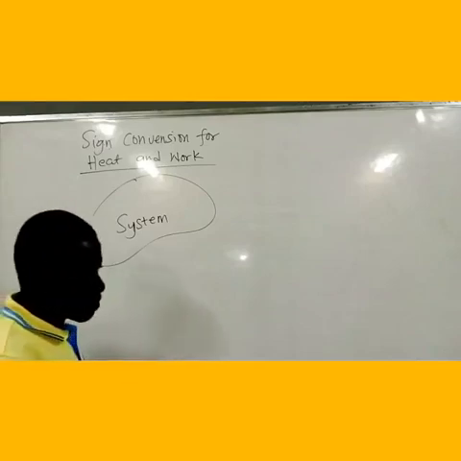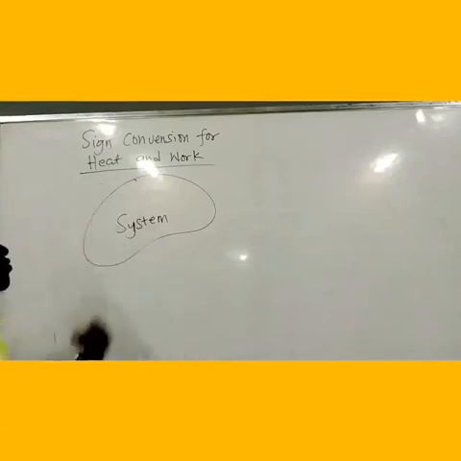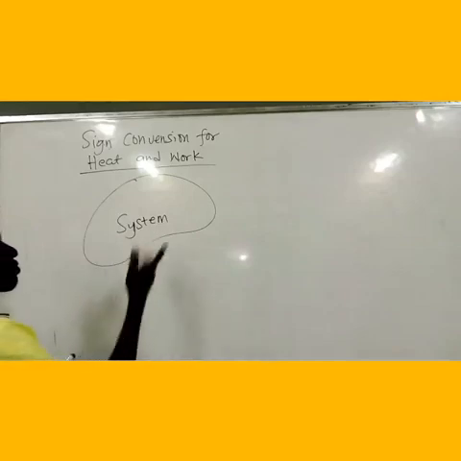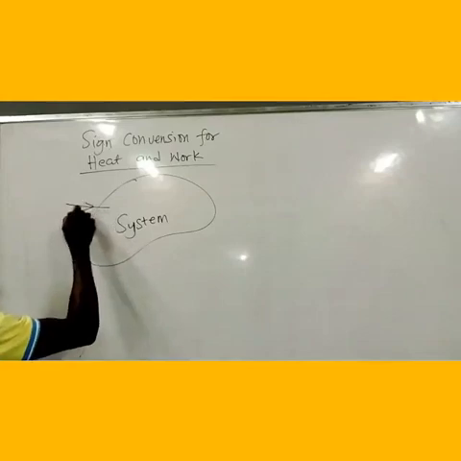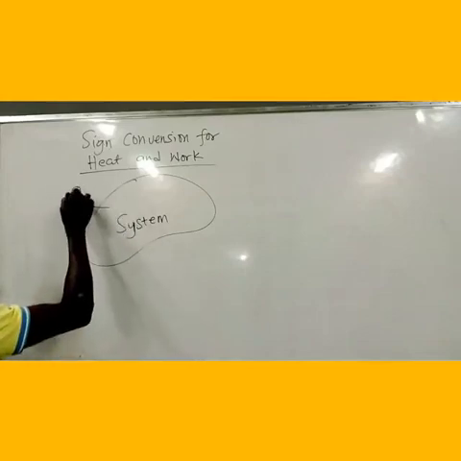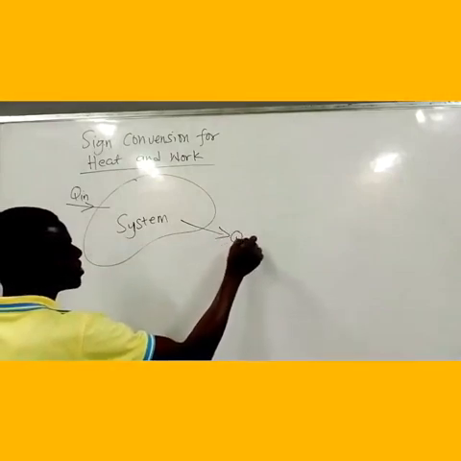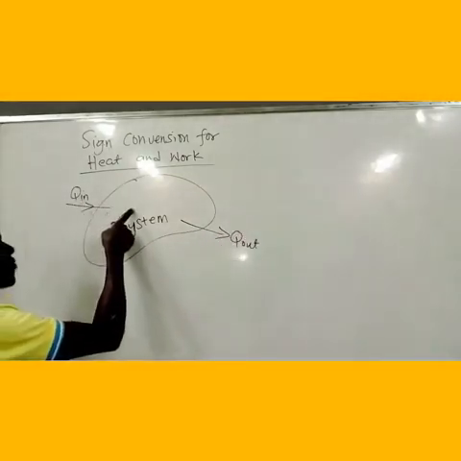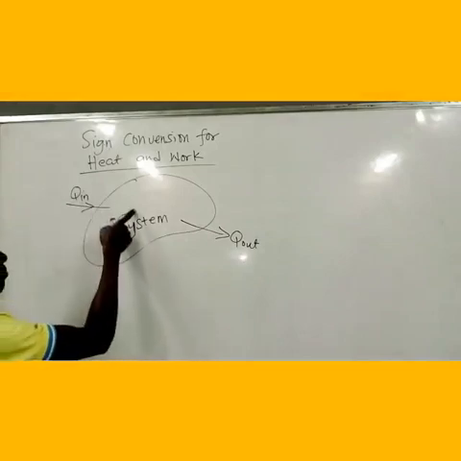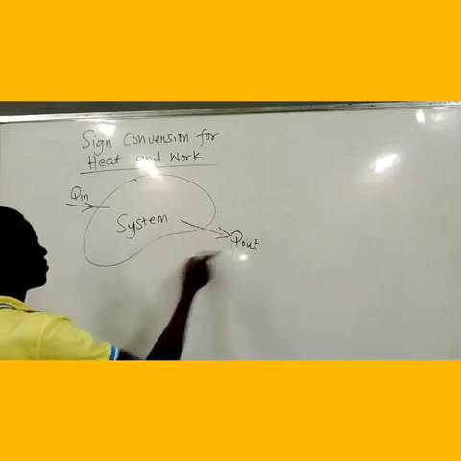From this first introduction, I will talk about one school of thought way of approaching the sign convention used by some schools. Now we have heat into a system, Q into a system, and Q from a system to the surrounding. Heat supplied from the surrounding to the system, and heat from the system to the surrounding.